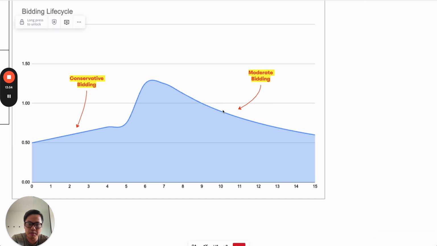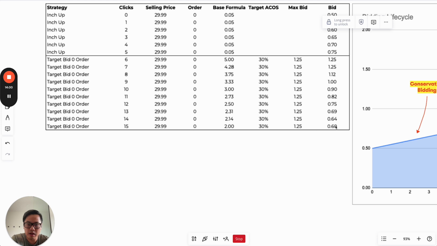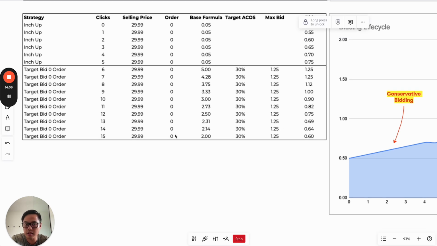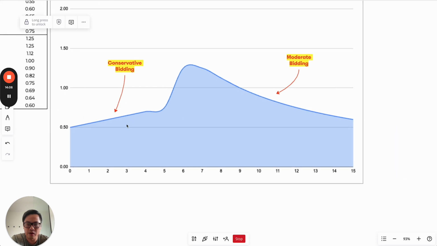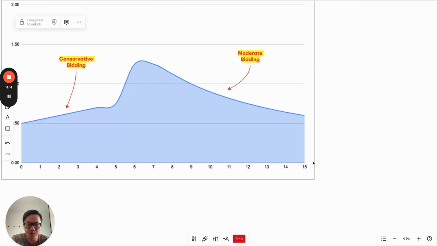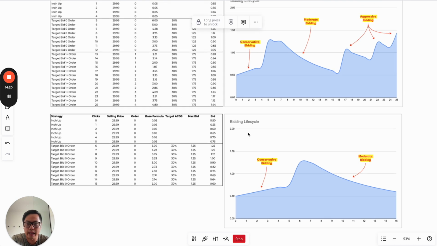So it started to drop and drop and drop to the point where this down here ends up being a negative bid. It gets applied to this, and then I'm going to set this target to now 2 cents. So if you look at it in the graph, it would go from whatever this last one is, 60 cents, down to 2 cents. So you effectively shut down the target so that it no longer gains any more impressions and any more clicks.